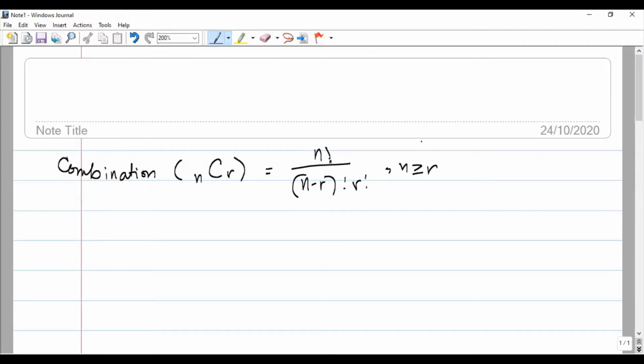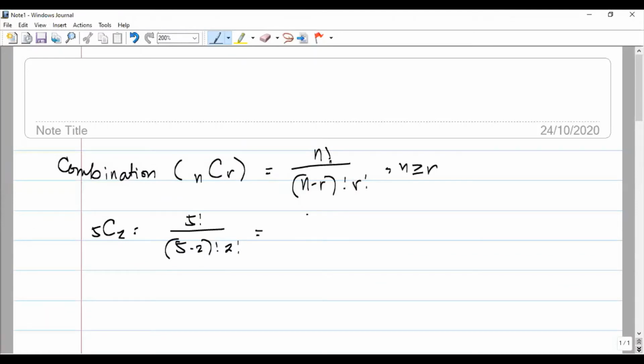Let's have two examples on this. Find the combination of 5 taken 2 at a time. Okay, so the long method would be 5 factorial over 5 minus 2 factorial times 2 factorial.